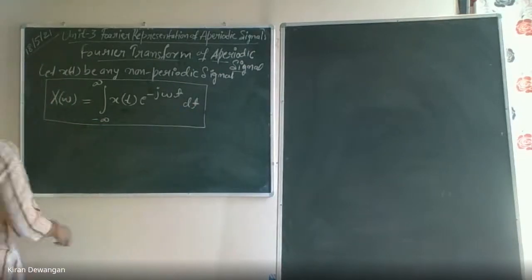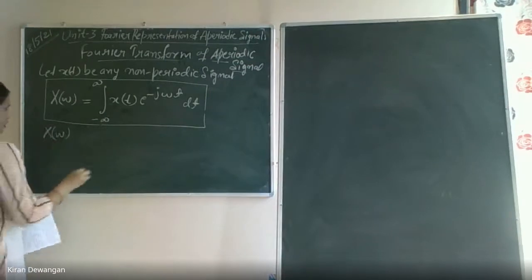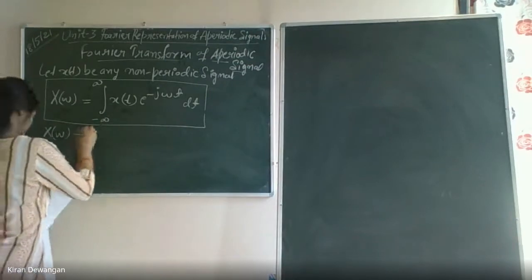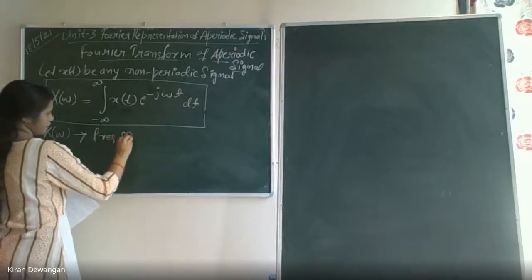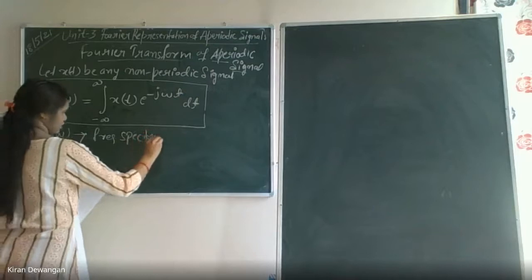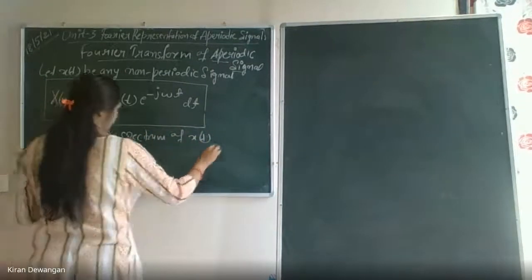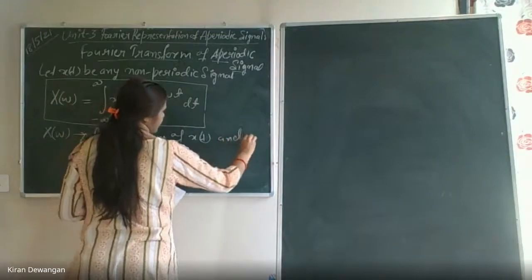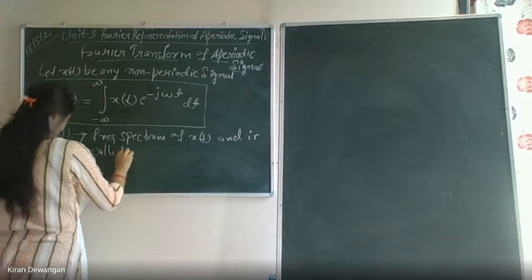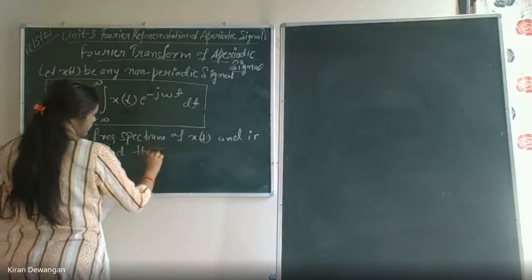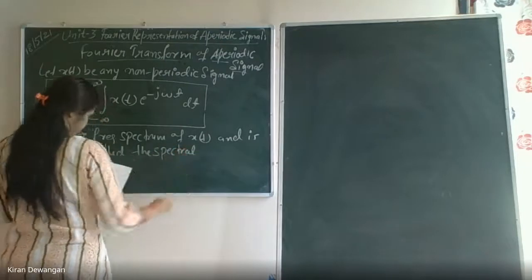Now here, X of omega represents the frequency spectrum of x of t, and is called the spectral density function.